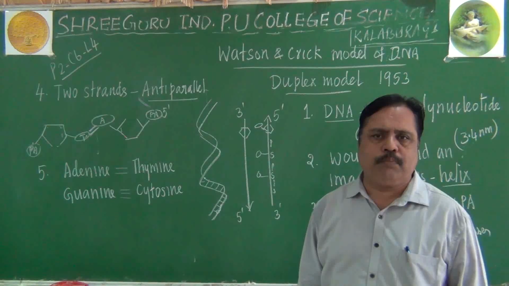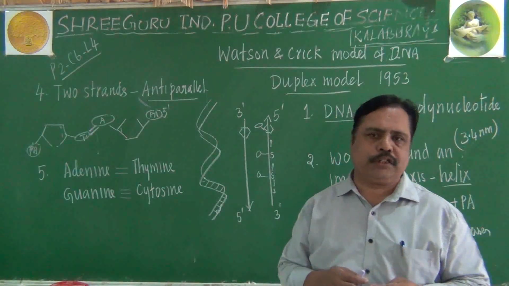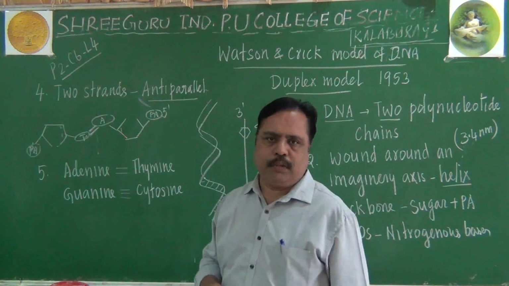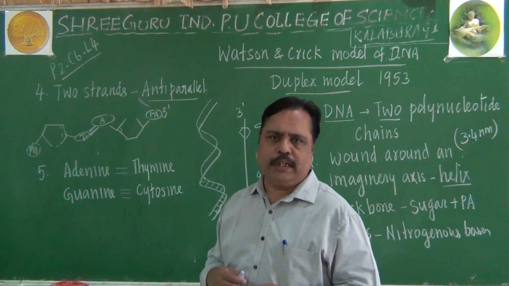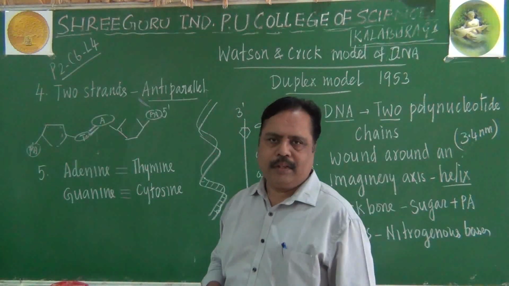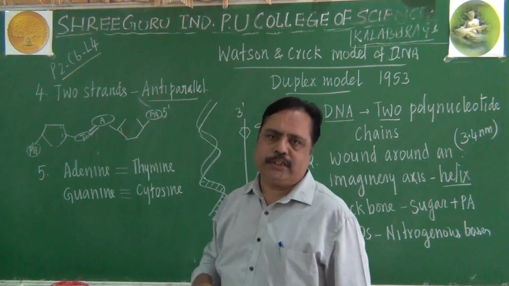What is the purpose of hydrogen bonds? They give stability to the anti-parallel strands. So here three hydrogen bonds, here two hydrogen bonds. We can put a question now: why can adenine not combine with cytosine? Because they are chemically non-reactive with each other.